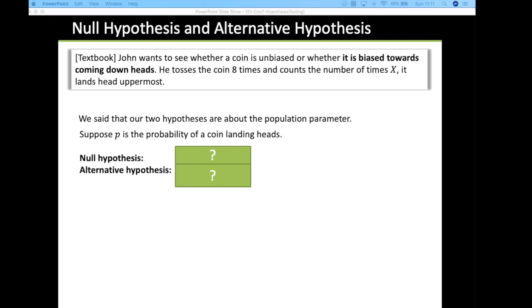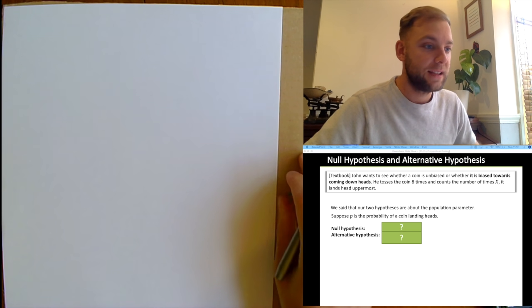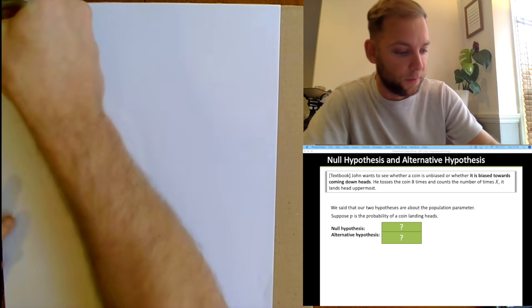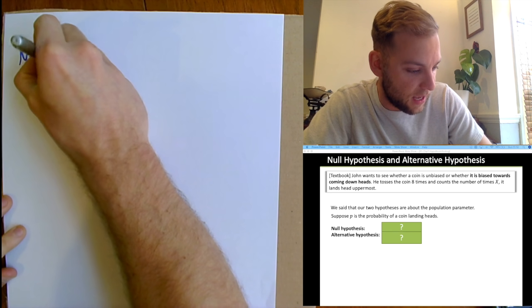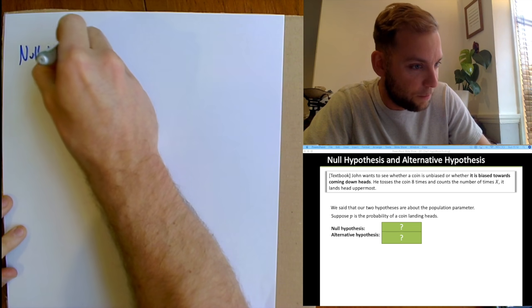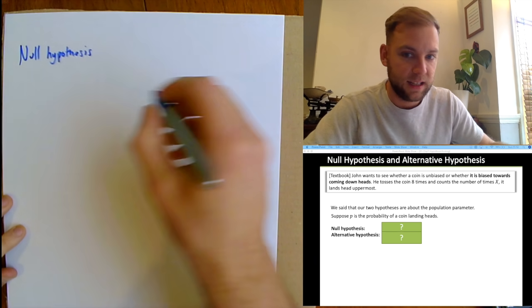So he's done an experiment here, again with the coin, and this time he's flipped it 8 times. We said that our two hypotheses are about our population parameter. So suppose p is the probability of the coin landing on heads. What are the two different outcomes? My first one is my null hypothesis. So let's get this down then.